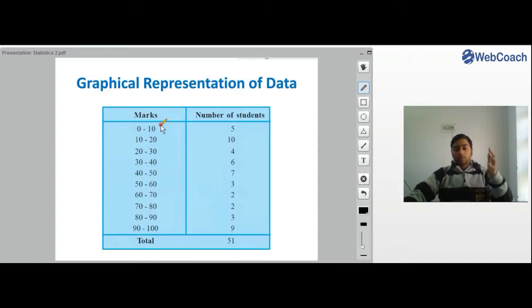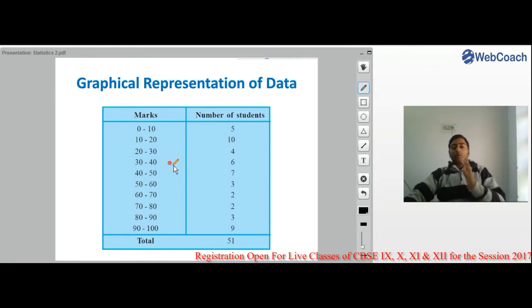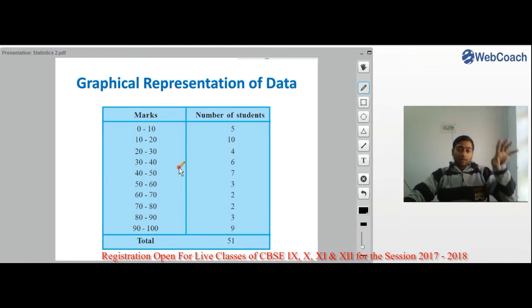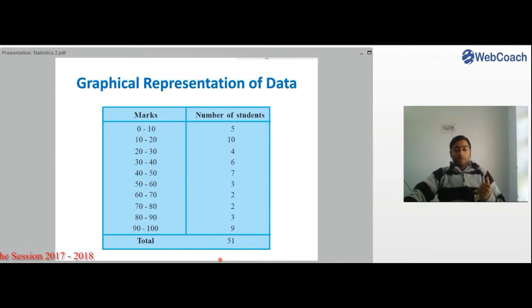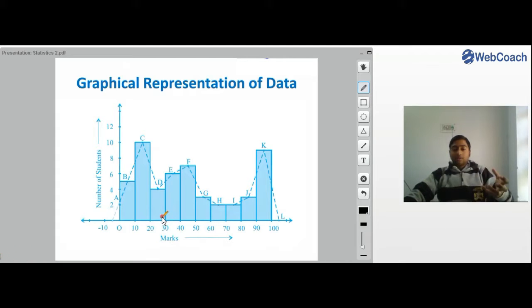So let us see an example. Here we are given a set of continuous data, and the corresponding frequencies, or how many numbers occur in the range of the given class intervals, right? So now you can easily draw a histogram out of it, right?